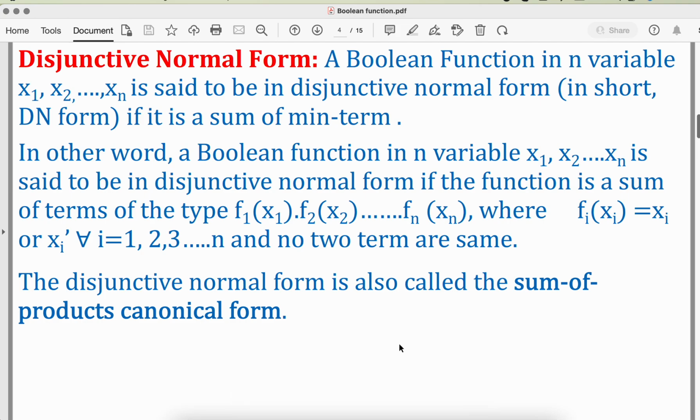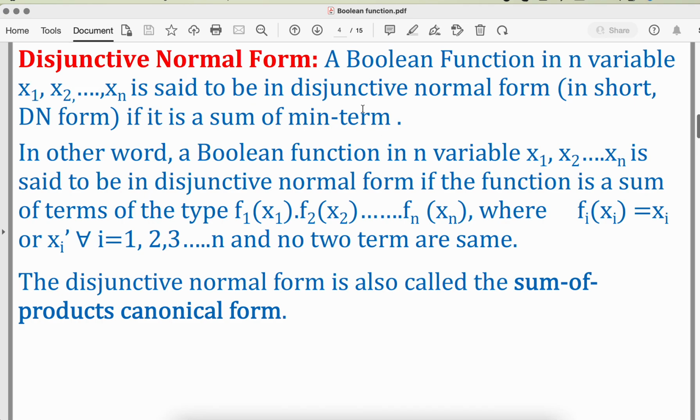Now disjunctive normal form. A Boolean function in n variables x1, x2, ..., xn is said to be in disjunctive normal form, or in short we also call it DN form, if it is a sum of min terms.